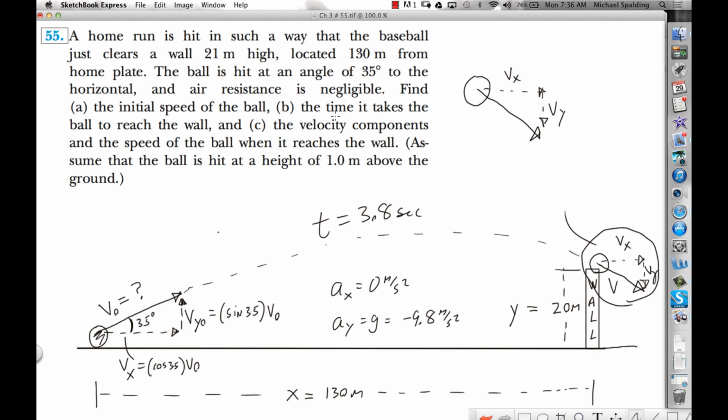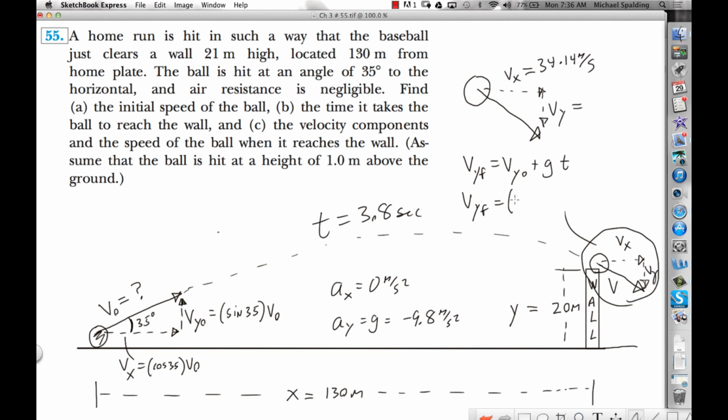So it's asking for the velocity components. Well, we already know this component. What's the x component? 34.14. That never changes. And you have to solve for the y component using a kinematic equation. So you go Vy final equals Vy initial plus GT.